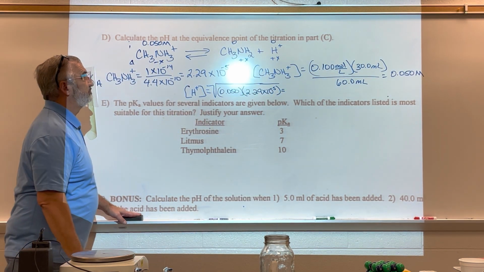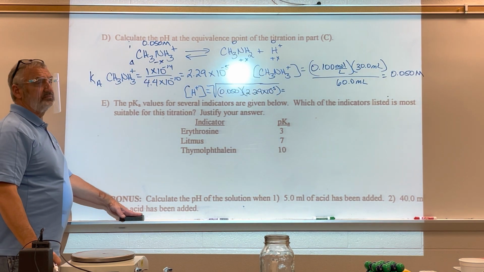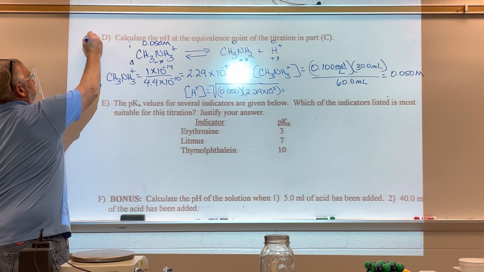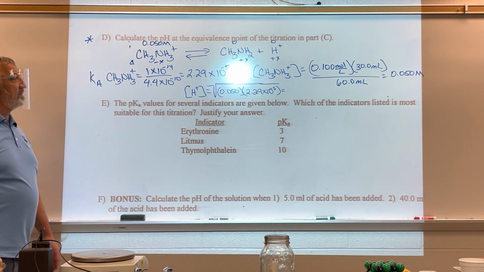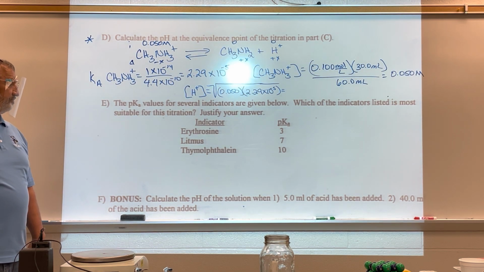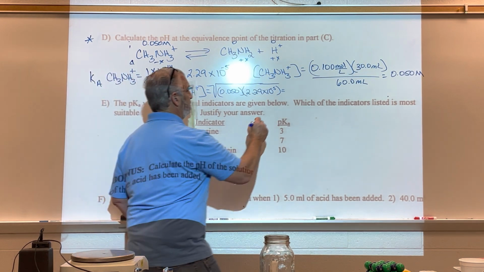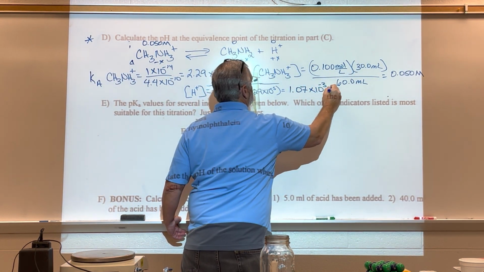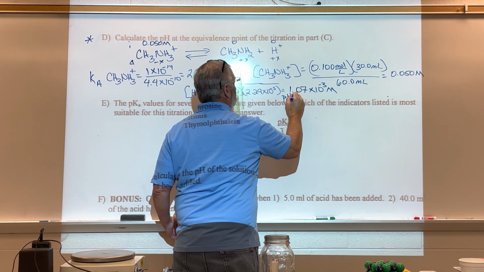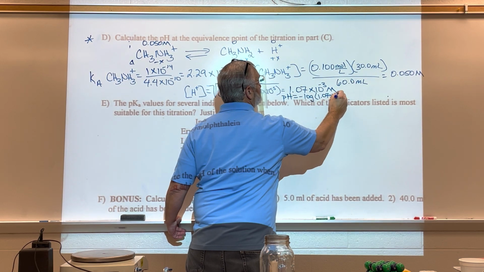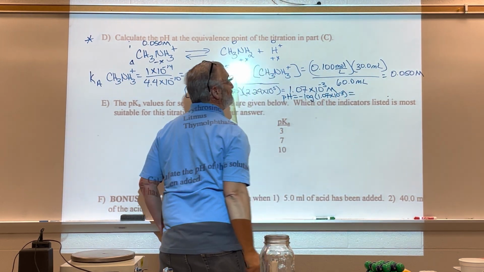Which equals 1.07 times 10 to the minus 3. So then pH is equal to the negative log of 1.07 times 10 to the minus 3, which is equal to 2.97.